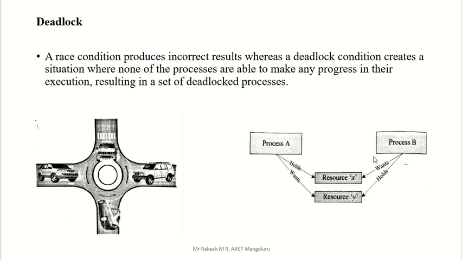Both are not ready to release the held resource. So there is a chance of deadlock, because no one is going to execute. Execution means both need two resources, but because of the holding, no one will get the resource. So there is again a chance of deadlock.